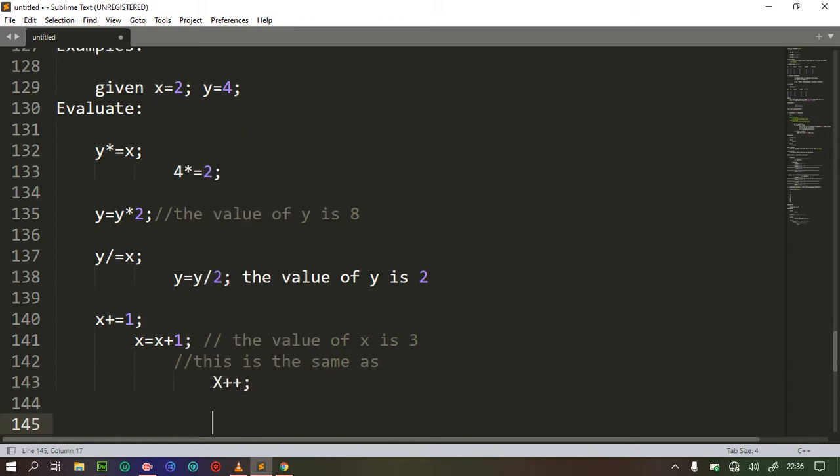So it takes us back. But what I wanted to show you is how shorthand assignment operators work.